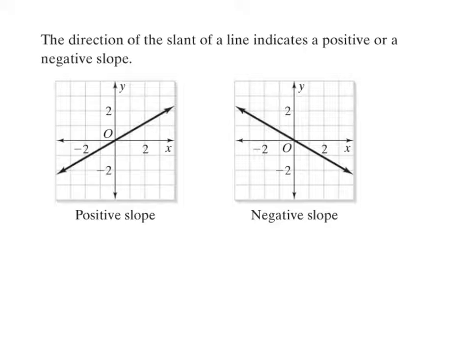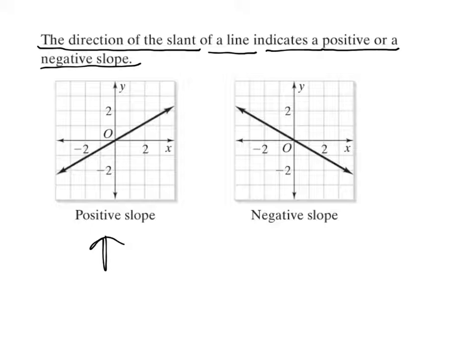We can find out whether the slope is positive or negative just by looking at the lines. The direction of the slant of a line indicates a positive or a negative slope. Observe this graph.